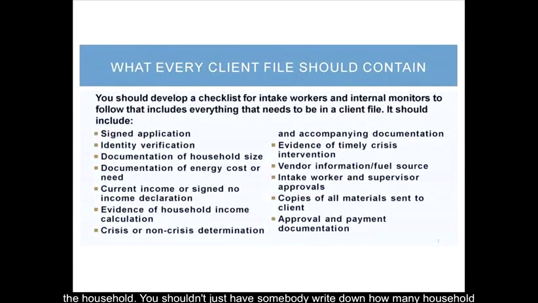You shouldn't just have somebody write down how many household members there are and that be the end of the story. There needs to be some sort of documentation to show evidence of that. Even if that documentation is self-declared, like everyone's names and dates of birth, you should be asking for that type of information.